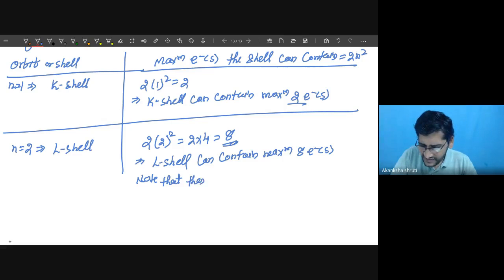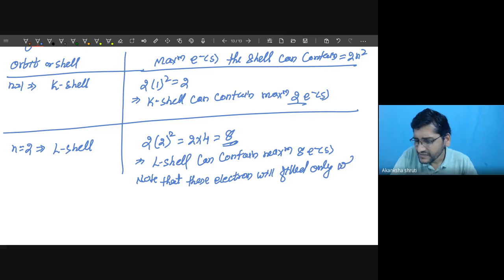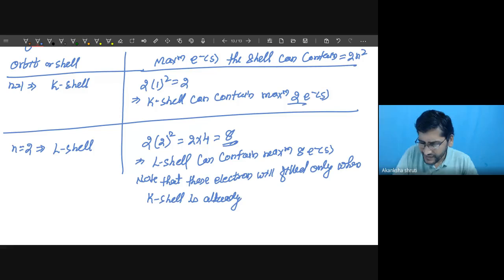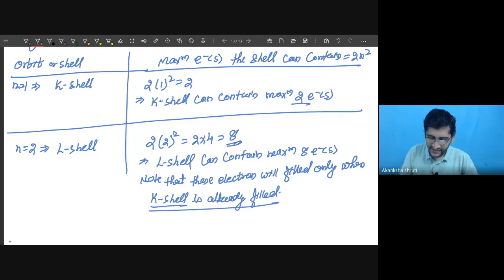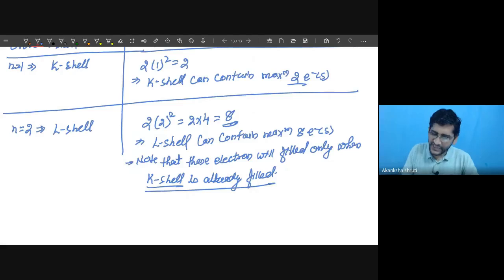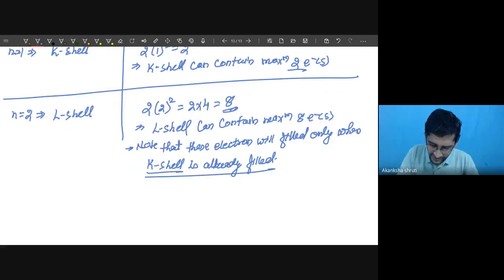So these electrons will be filled only when the K shell is already filled. Okay, if the K shell is filled, then only the next electron will come in this.